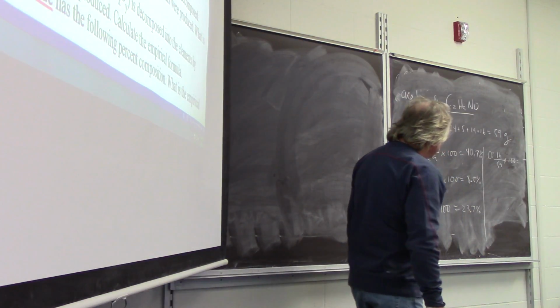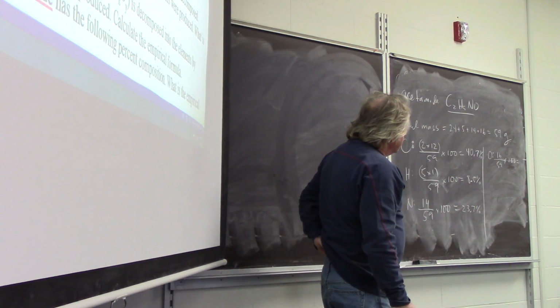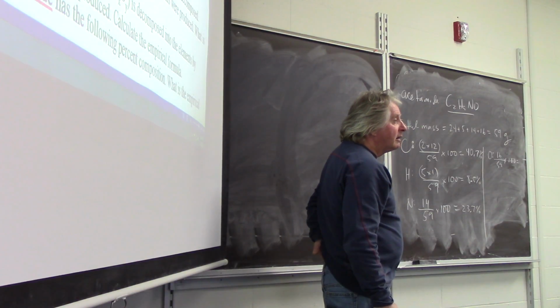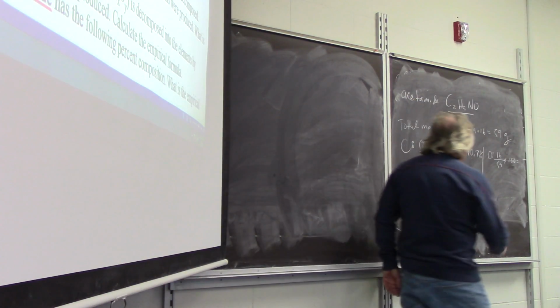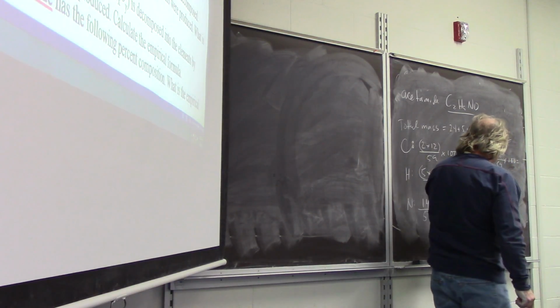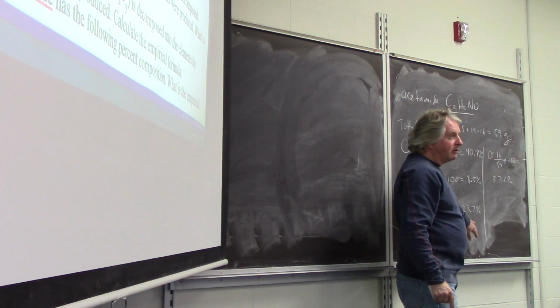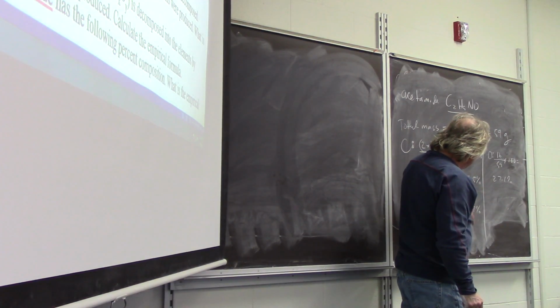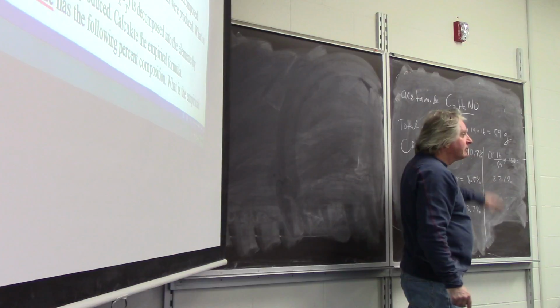And then finally, oxygen is 16 divided by 59 times 100, which is 27.1%. If you add these all up, they should be pretty close to 100. Like 41, 50, 75, yeah.